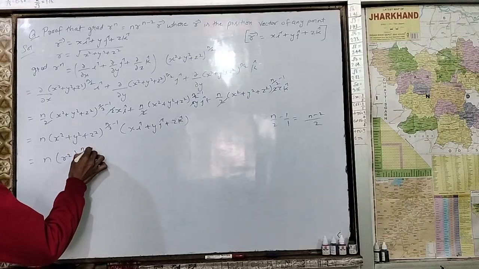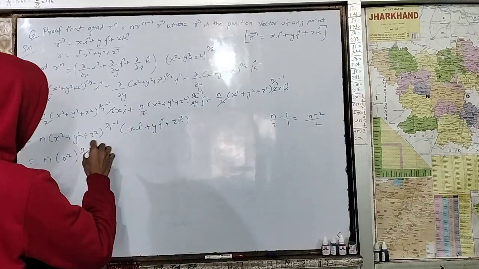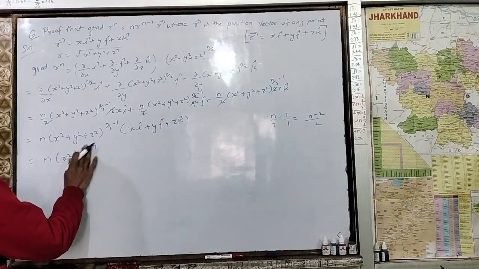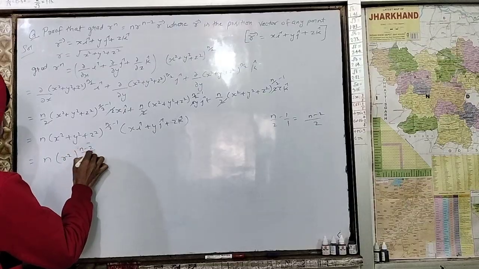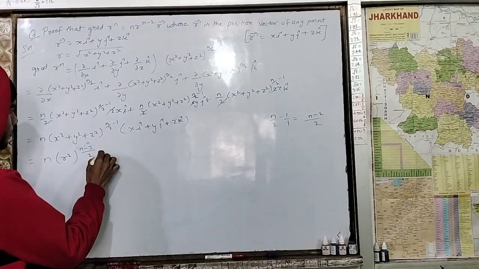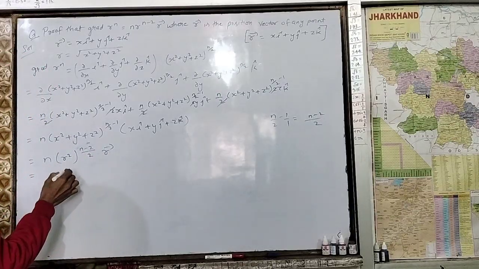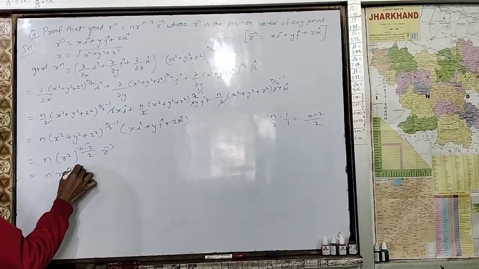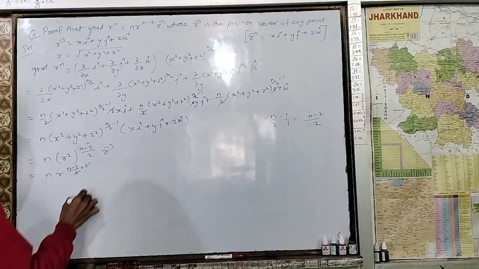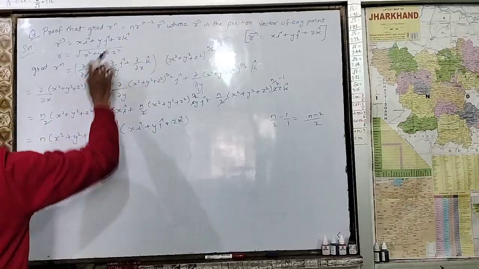So n upon 2 minus 1, you can write this as n minus 2 upon 2. This is the value of the position vector. Now look at over here. This will go over it, so it will become r raised to n minus 2 by 2 multiplied by 2. This 2 will cut with the other, dot r vector. So finally we got this RHS.